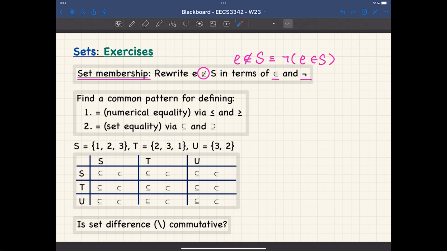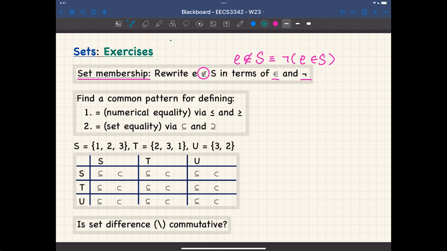Any suggestion about defining this? Let's start with the first one. If I got two numbers, how can I actually say the two numbers are equal to each other in terms of this? It's actually a more straightforward thing. For example, I'll give you a little bit of hints.